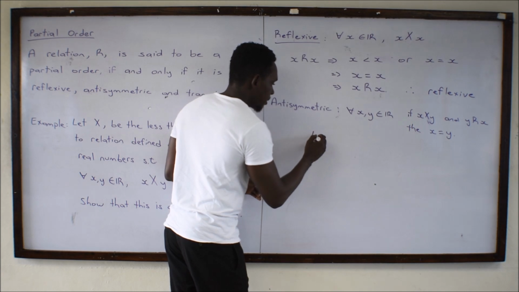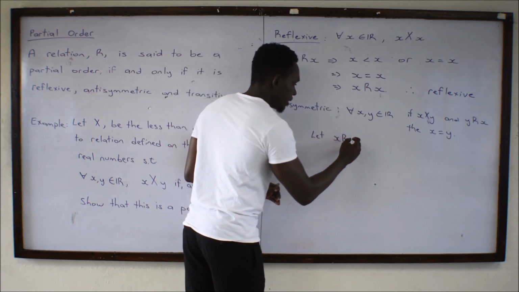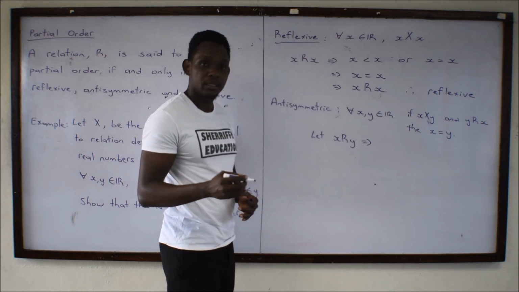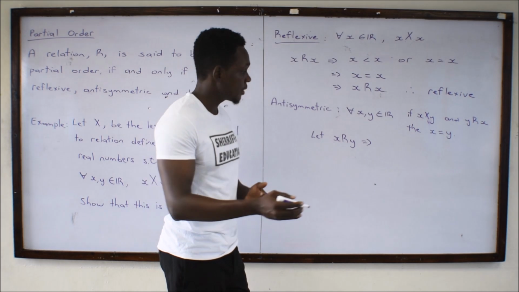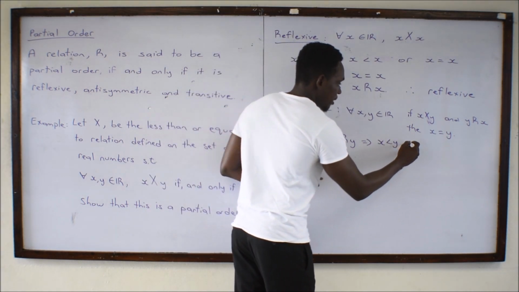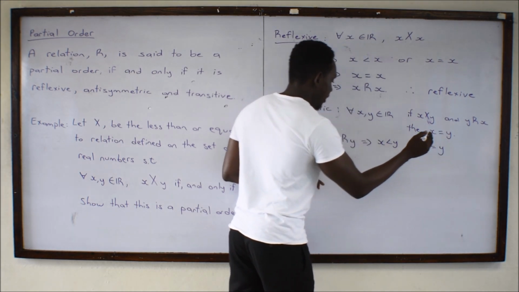So let X be related to Y. This tells us that we have one of two things. Either X is less than Y or X is equal to Y.